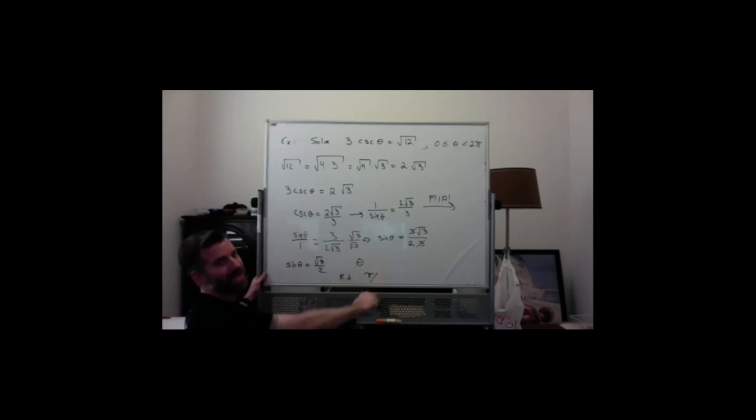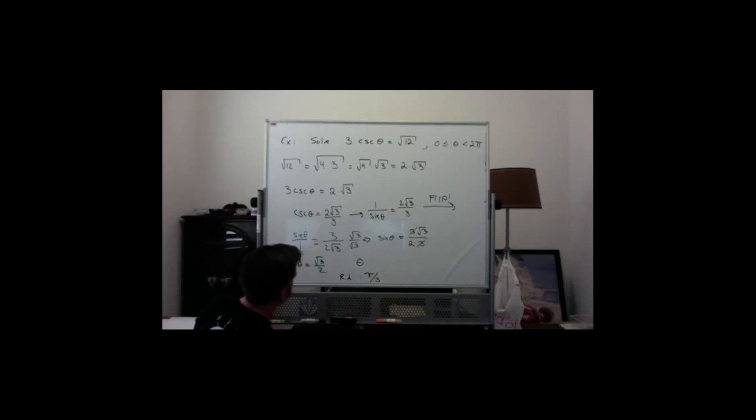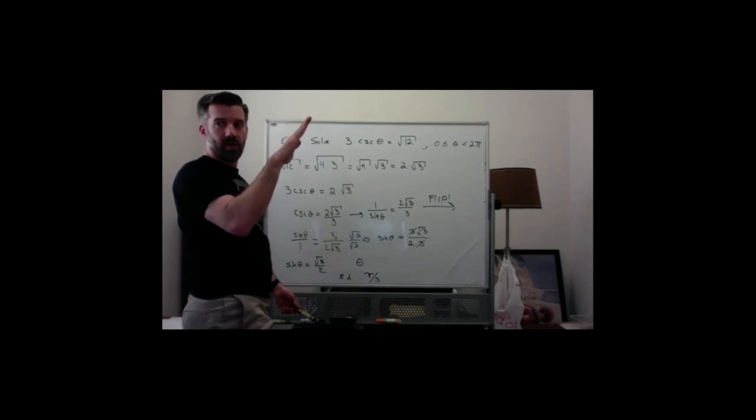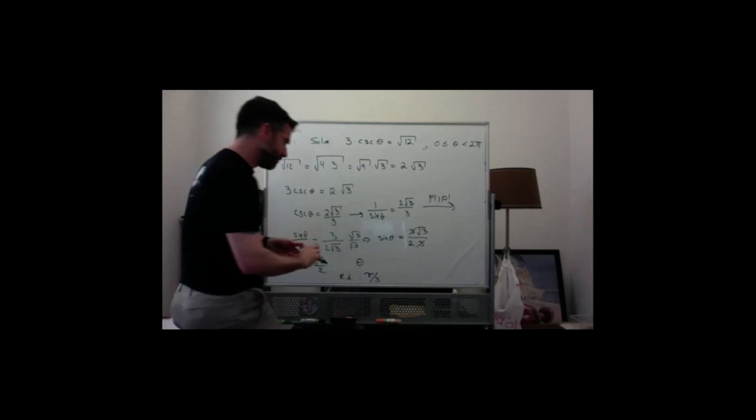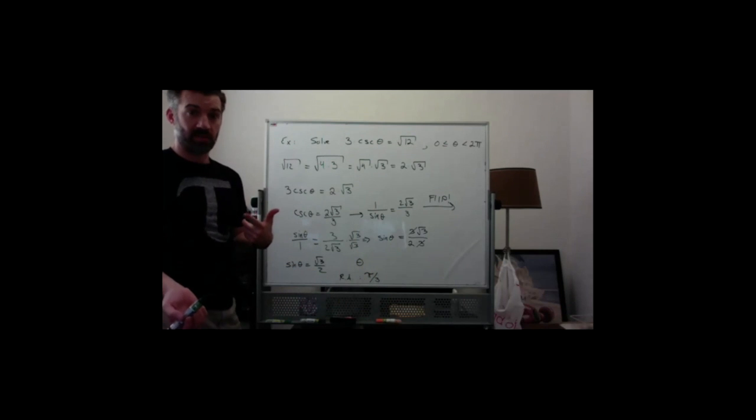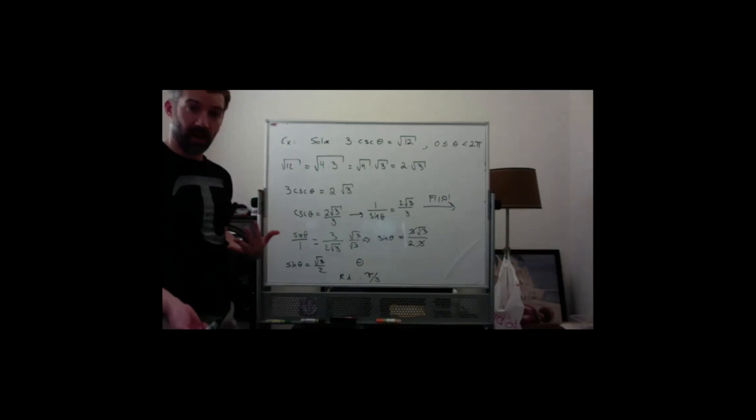That would be if cosine was equal to root 3 over 2. It is pi over 3. But I appreciate your guessing, you're giving a brave answer. It's hard to sometimes guess if you're not sure. But remember, root 3 over 2 is the bigger value, and so you're going to get the bigger angle. So our actual answers are going to be in quadrants 1 and 2, where sine is positive.